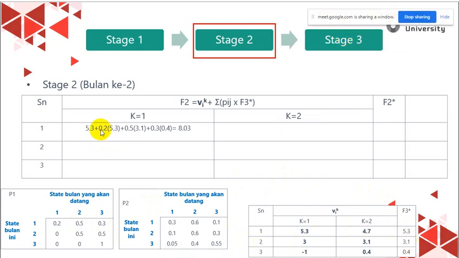So we can see here 0.2 multiplied by 5.3, 0.5 multiplied by 3.1, 0.3 multiplied by 0.4. And then the next one, this one multiplied by this one too. Yeah, 0 multiplied by 5.3, 0.5 multiplied by 3.1, and 0.5 multiplied by 0.4. And then the last one will be here multiplied by here.